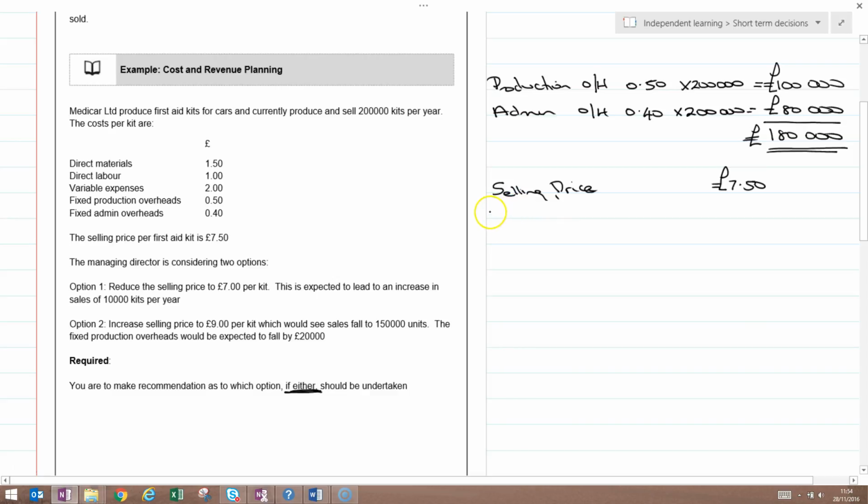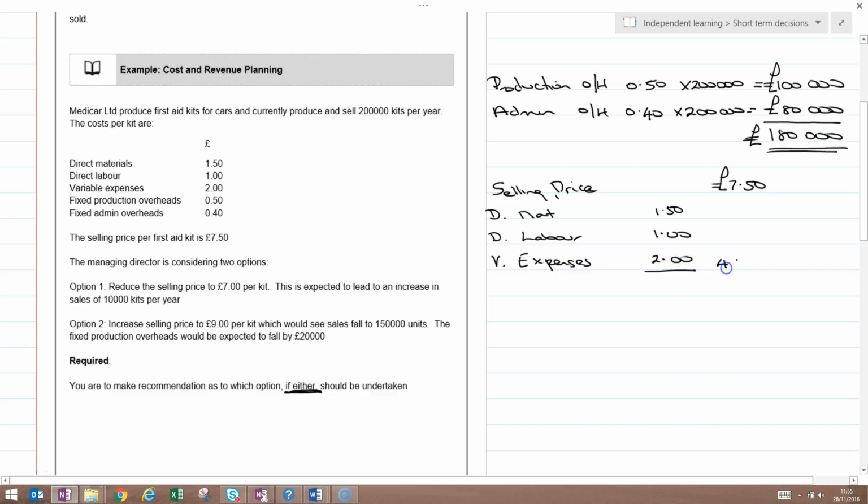Variable costs: we've got the direct material is £1.50, the direct labour is £1, and we've got the variable expenses, £2.